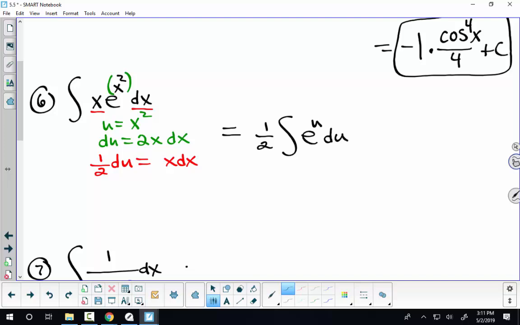Do y'all agree? The antiderivative of e to the u is just e to the u. Then we resubstitute: u was x squared. We have 1/2 e to the x squared plus c.